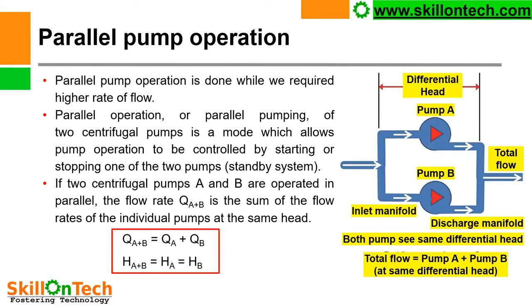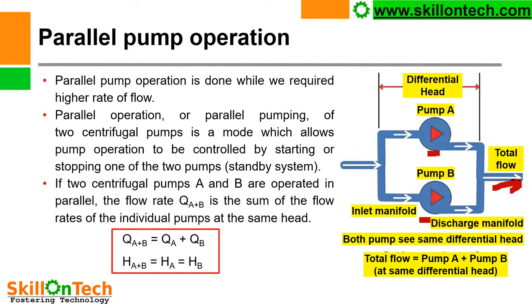If two centrifugal pumps A and B are operated in parallel, the flow rate is QA plus B. So here you can see this is pump A and this is pump B. The discharge of both pumps goes into one common manifold. So the flow of pumps A and B will be QA plus QB.